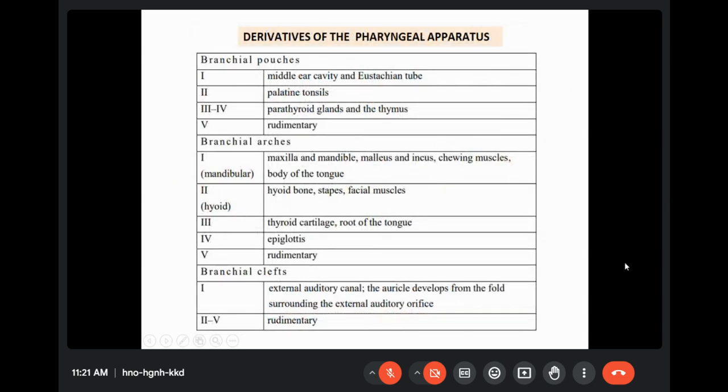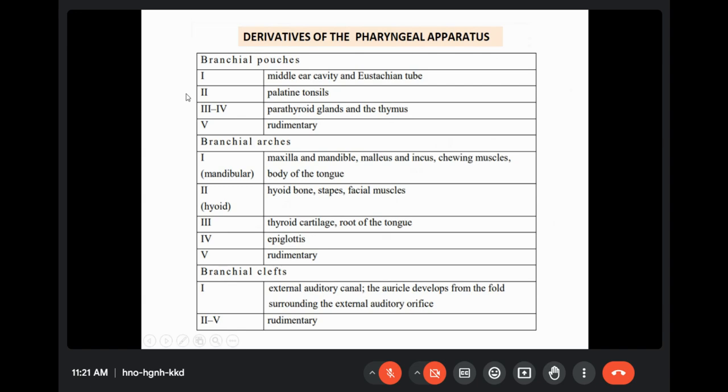Here you can see the derivatives of the pharyngeal apparatus. The pharyngeal apparatus includes pharyngeal or branchial pouches, pharyngeal or branchial arches, and pharyngeal or branchial clefts. Pharyngeal pouch 1 gives rise to the middle ear cavity and Eustachian tube, which connects the middle ear cavity to the pharynx.